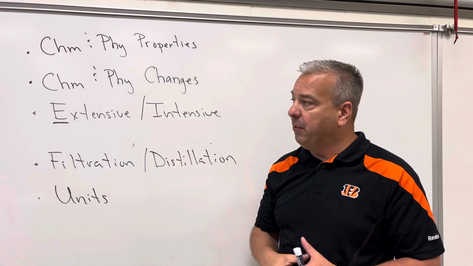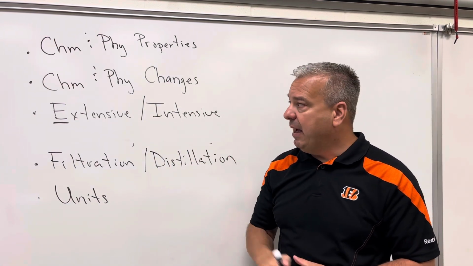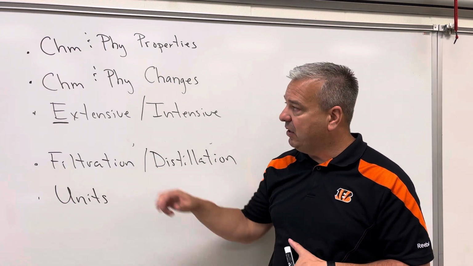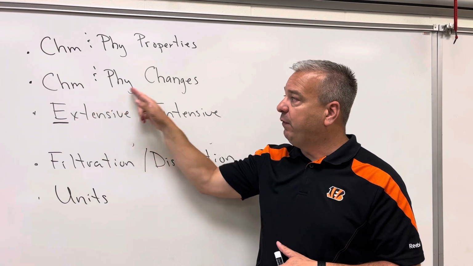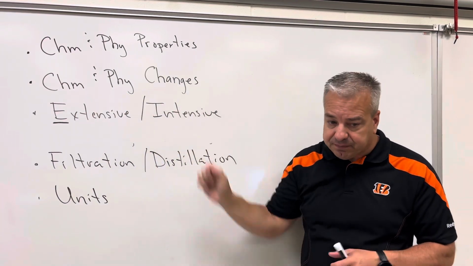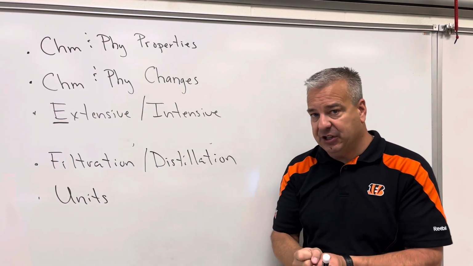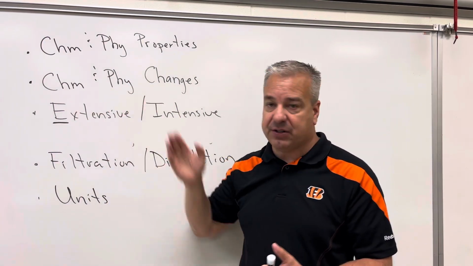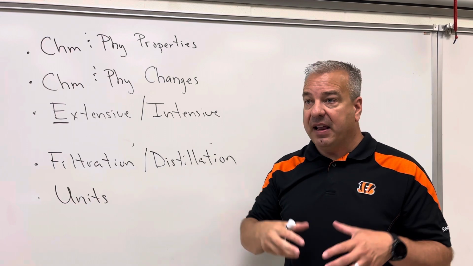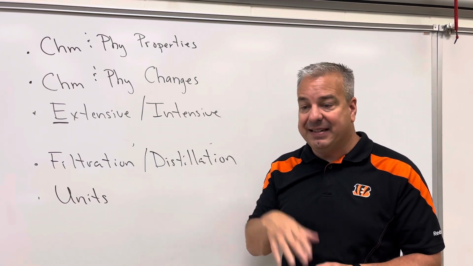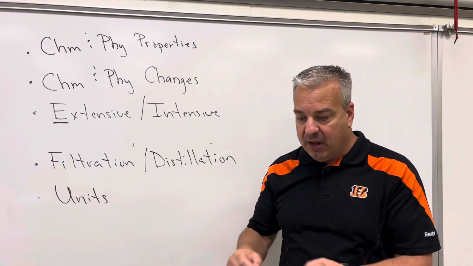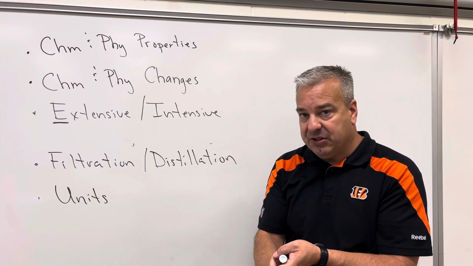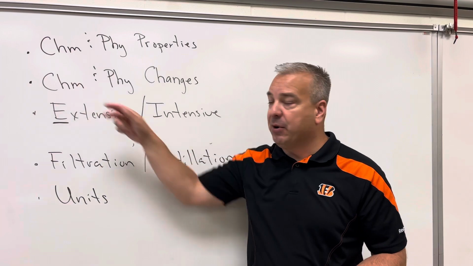Now, the second bullet point is probably one that you're more familiar with. However, there are some misconceptions that I see pop up with students. So the second bullet point is chemical and physical changes. A good rule to differentiate between a chemical change and a physical change is: is there a new substance, or did the composition change? If you are forming a new substance or the composition changed, that would be a chemical change.